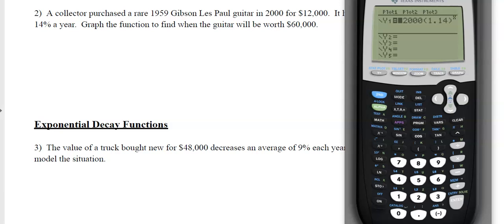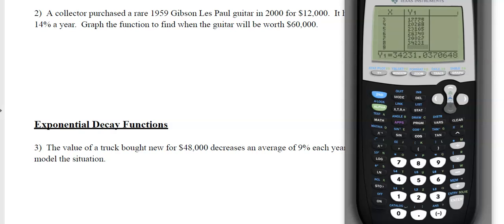Oh, it's already in here. So we have $12,000 times 1.14 to the x power. And instead of going on my graph, because that's going to be a little bit harder to interpret, we're going to go to our table. I'm going to set my table back to where it probably would normally be. So if I check the table out, I can see that the price is going up every year.